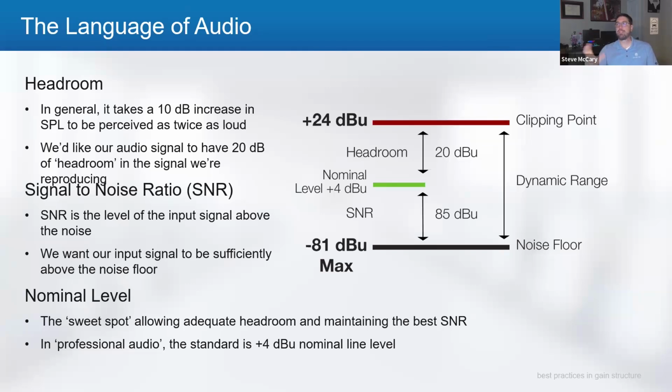So this now gives us two more terms to use, which is our SNR, our signal to noise ratio. This is how much above the noise floor is our signal. This definitely comes into play when we start talking about things like AEC processing. Your signal to noise ratio will become very important.